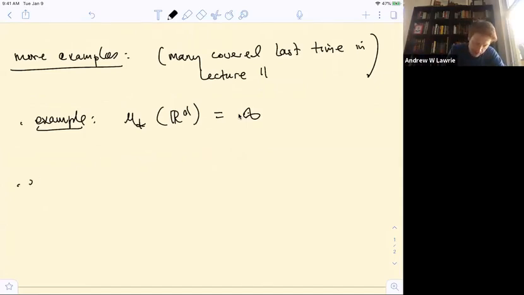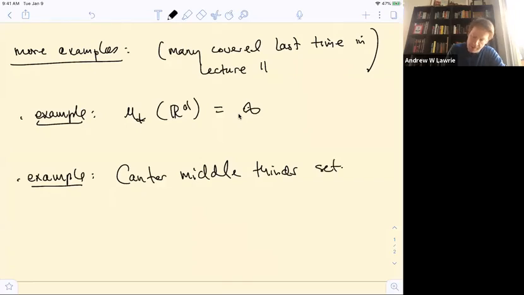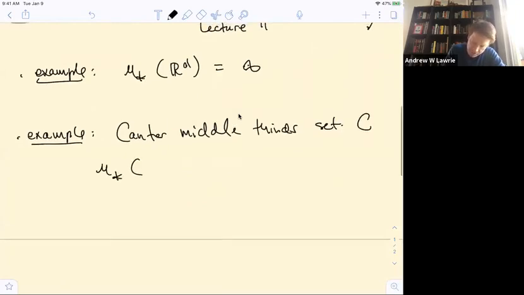Another example of a set that we understood was the Cantor set. So Cantor middle third set. We kind of did this last time, but we can see that, so this is called C, mu star of C is equal to 0.